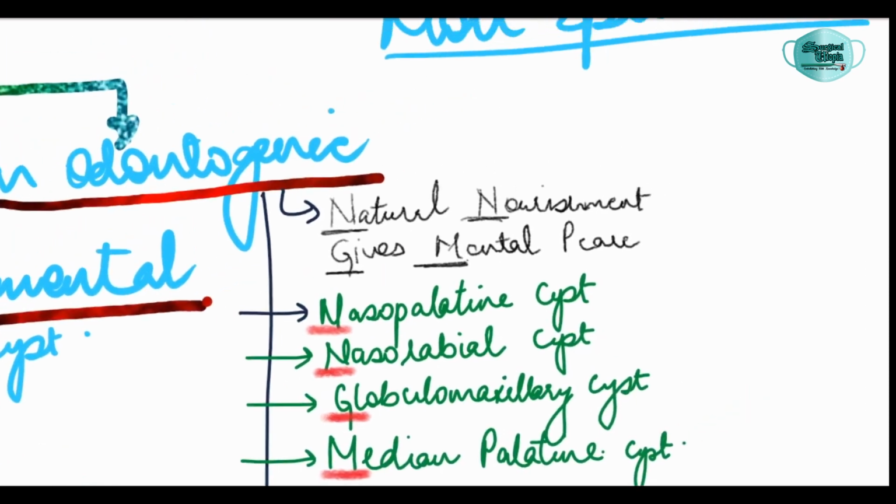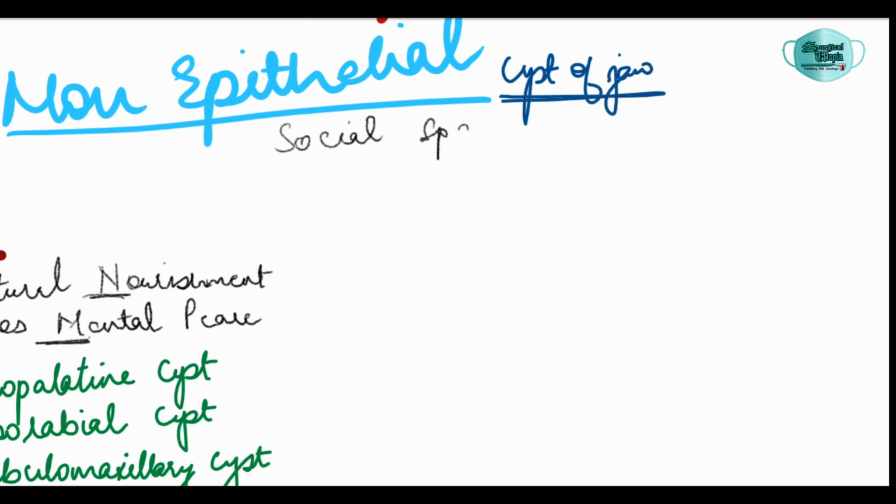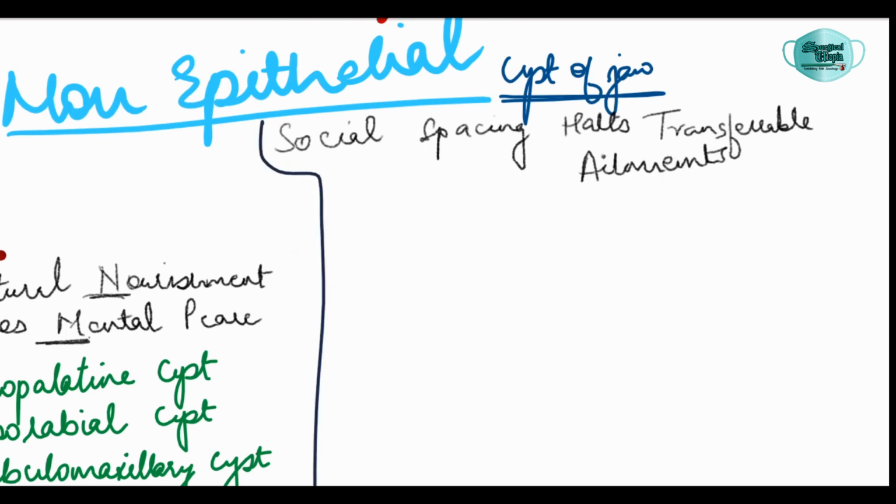Then coming to the cysts of non-epithelial origin, to remember this, just remember the current pandemic situation, and that to prevent the spread of COVID-19 we need social distancing. So the mnemonic goes: social spacing halts transferable ailments.